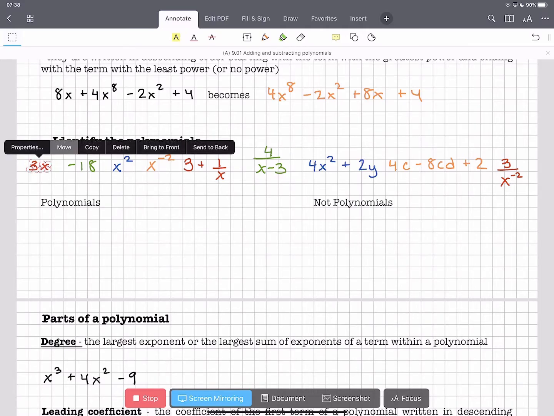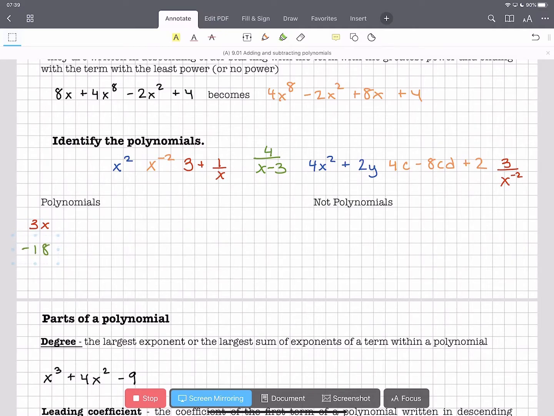That makes it a monomial, which is a polynomial. Then we have the constant -18. Constants are monomials, so that counts as a polynomial. We have x squared, which is x times x. That's the product of two variables. That is also a monomial.